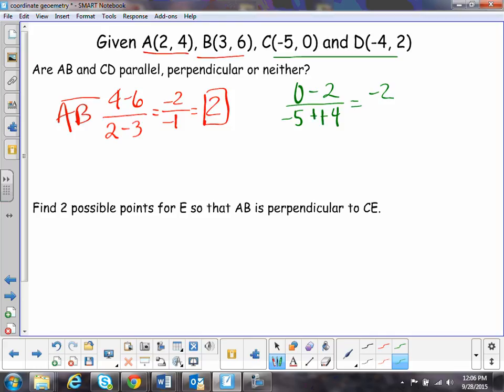I like to write those because it's a reminder that I have to change those to positive. Okay? And then negative 5 plus 4 is negative 1. So they both came out to be 2s, which means those two lines are what? Parallel. This is the parallel symbol, by the way, just two straight lines. So you would say AB is parallel to CD.